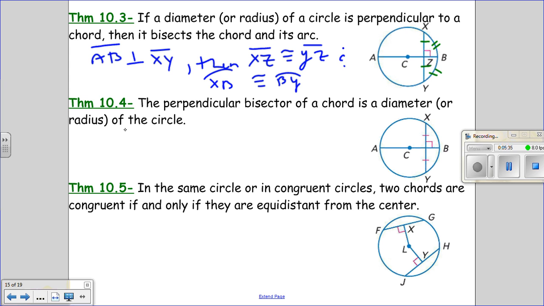So AB is the perpendicular bisector. I know it's a perpendicular bisector because I see the right angle and I see that the two segments have the same equal lengths. So since it's a perpendicular bisector, then AB must be a diameter.